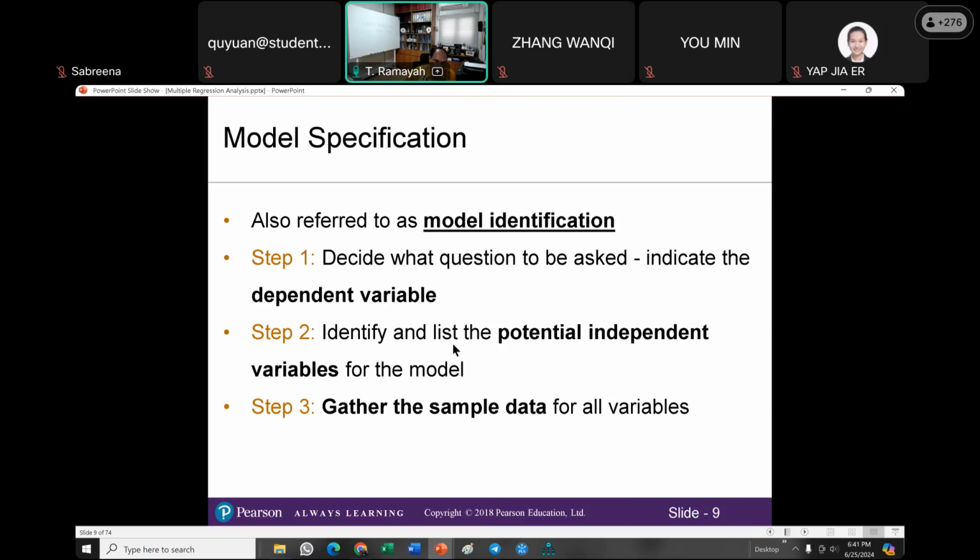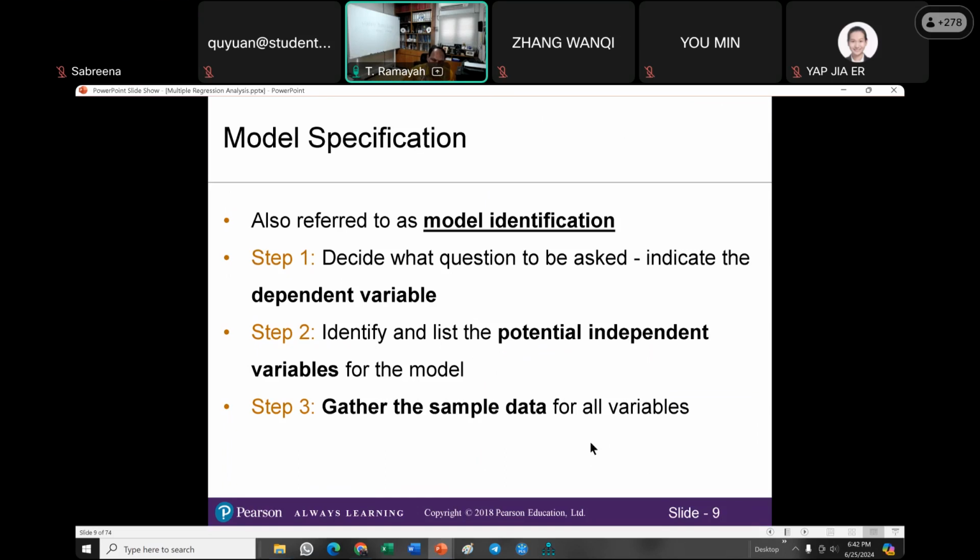Then you list the potential independent variables. You have 3 independent variables from the lab for satisfaction, and then satisfaction as the independent variable for the other dependent variable. So that is 2 regressions. And then gather the sample.